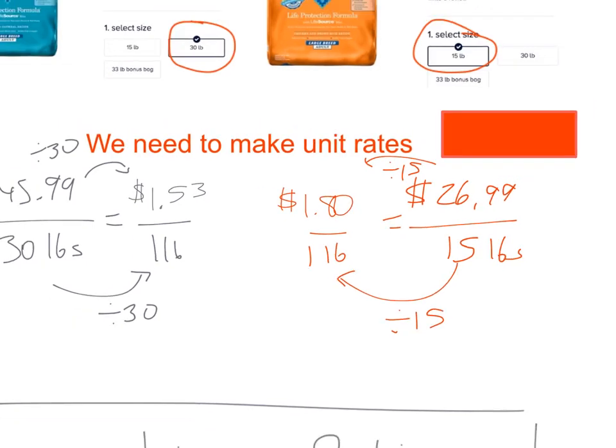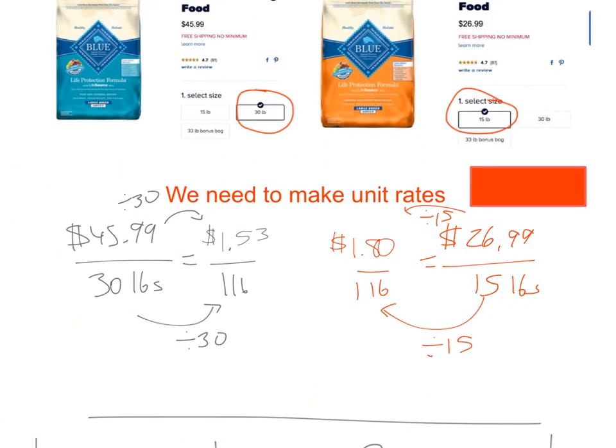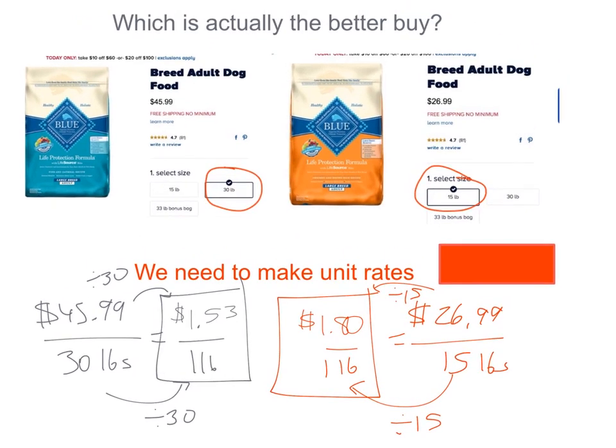$1.80 per pound. So let's look at these two. I've got $1.53 per 1 pound, and I've got $1.80 for 1 pound. Let's look up here. This one was the 15-pound bag, and that's $1.80 per pound. But if you get the bigger bag, yes, you pay more, obviously, right? $45.99 versus $26.99.